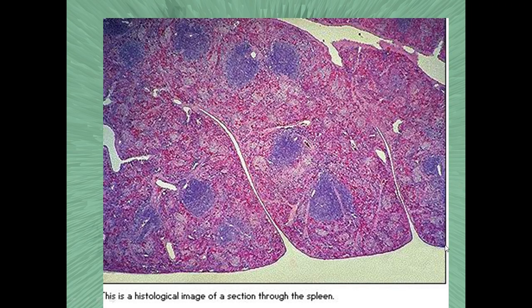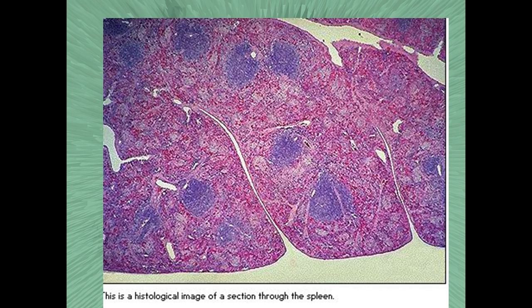Histologically, it consists of the red and white pulp. It is very well supplied by blood vessels, by the capillaries, the sinusoids, similar to the capillaries inside the liver. And the spleen is very important in embryonic life. It participates in hematopoiesis. In the postnatal period, it's very important for selection of the blood cells.